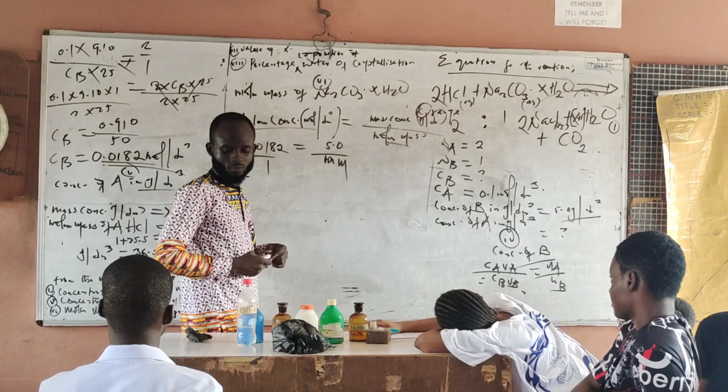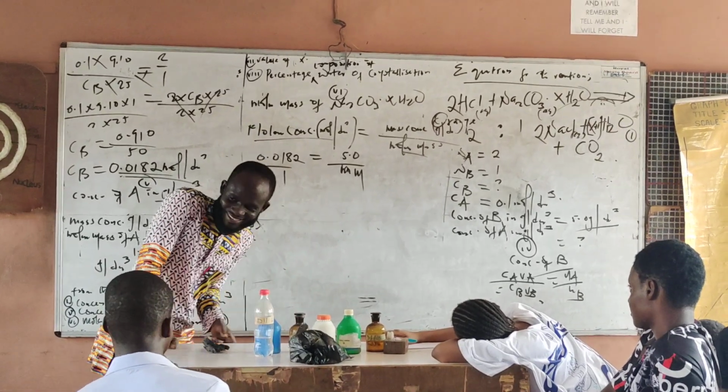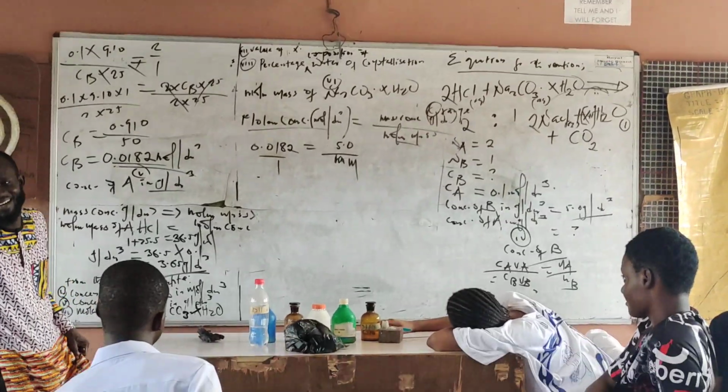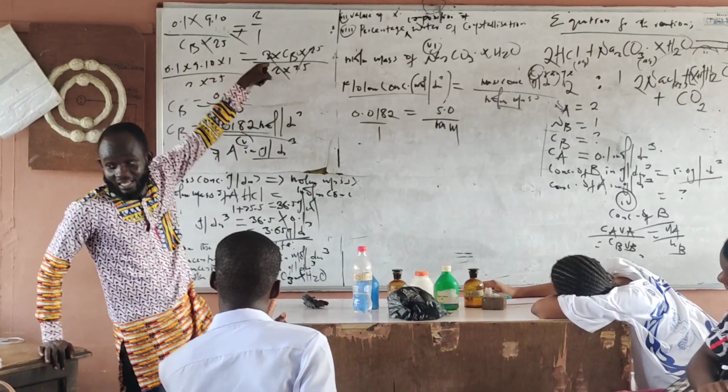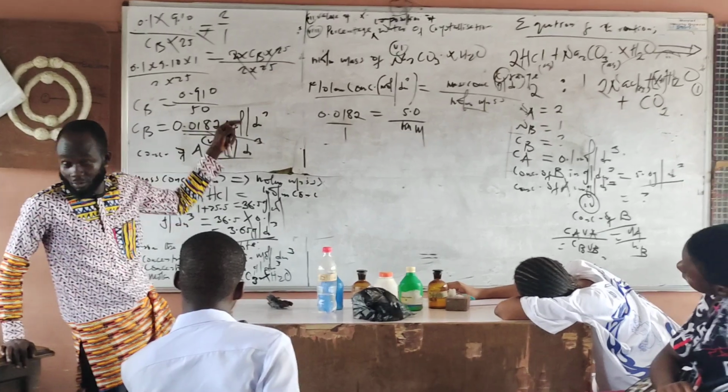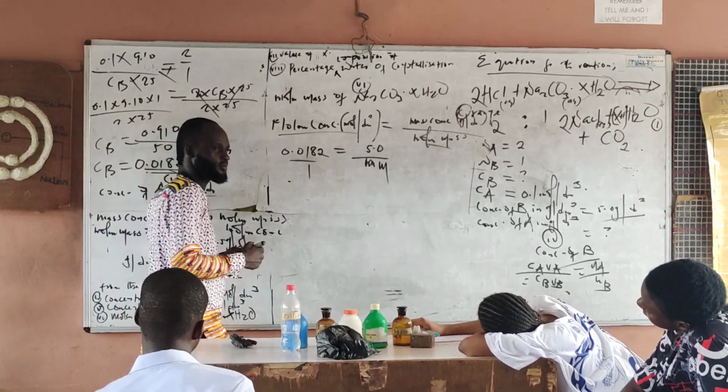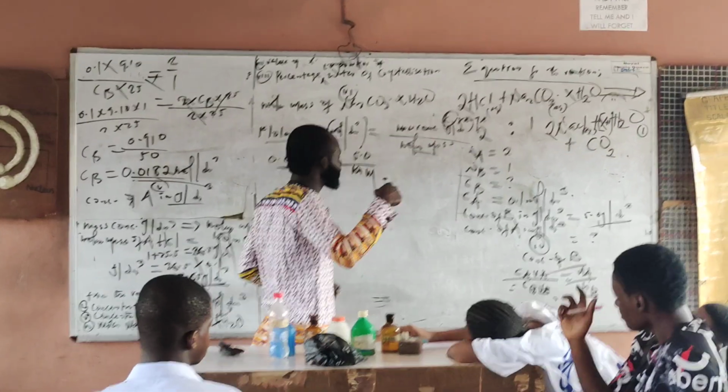What is the mass conc? Look at the mass conc. Acid B, now the base. The 0.1 they gave before was for A, which is the acid. This one is 5.0, that is for the base.